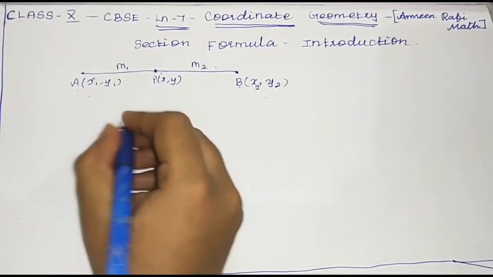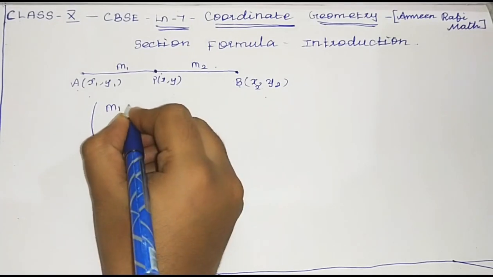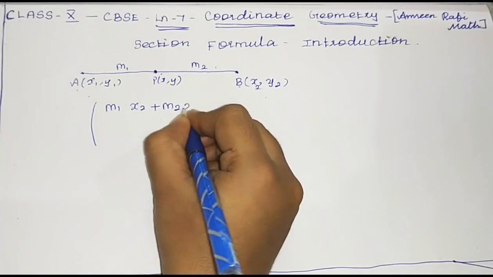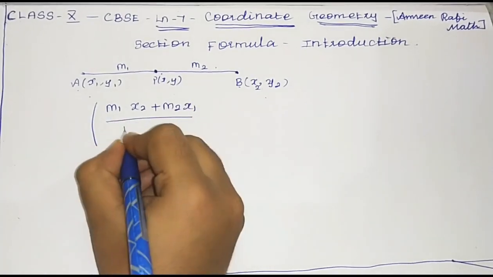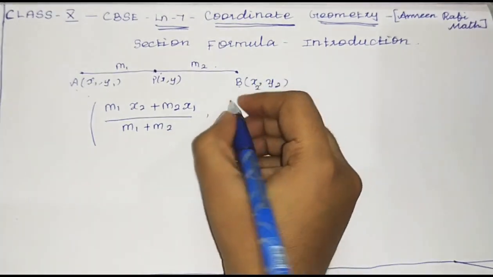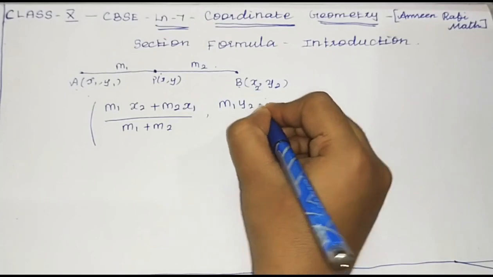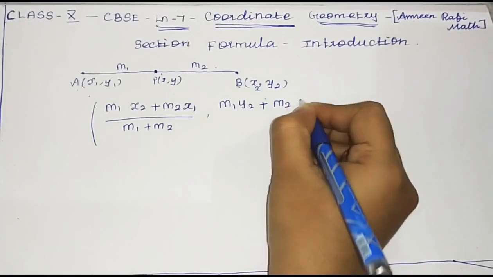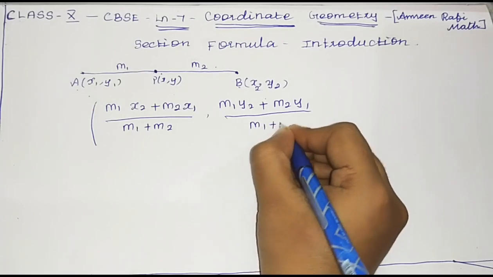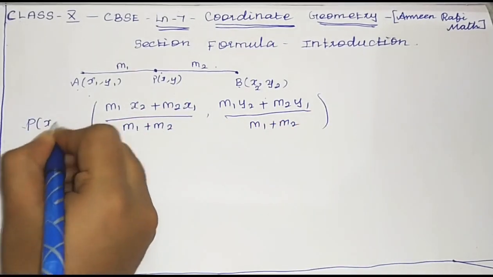The section formula is m1 x2 plus m2 x1 divided by m1 plus m2. And the y coordinate is m1 y2 plus m2 y1 divided by m1 plus m2. So this one is P of x, y.